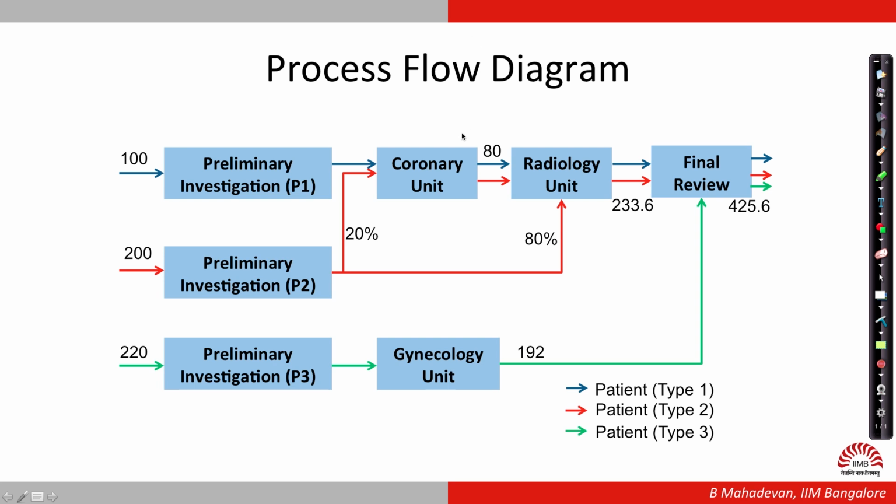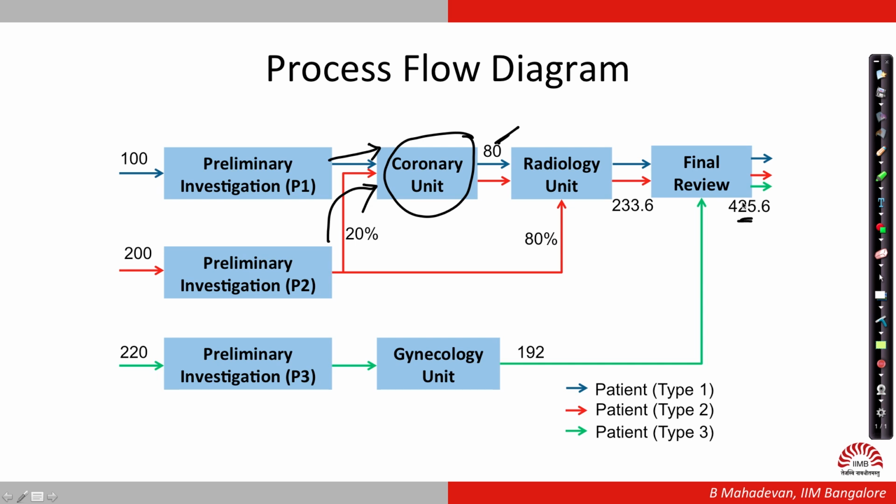Some more observations we can make. Coronary unit seems to be the bottleneck in the system, because as you notice here, the type 1 patient also passes through coronary unit, type 2 patient also passes through the coronary unit, and the output of the coronary unit is just 80, which is constrained by the resources available. So, this is going to affect the output eventually.